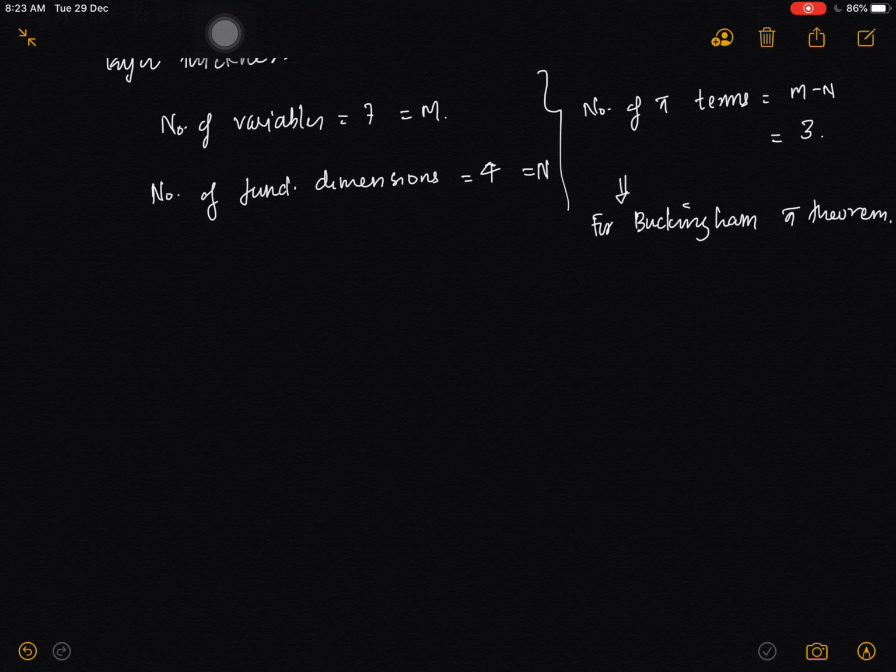By using the Buckingham pi theorem we can choose the repeating variables as density rho, viscosity mu, thermal conductivity k, and the characteristic velocity V as the repeating variables.